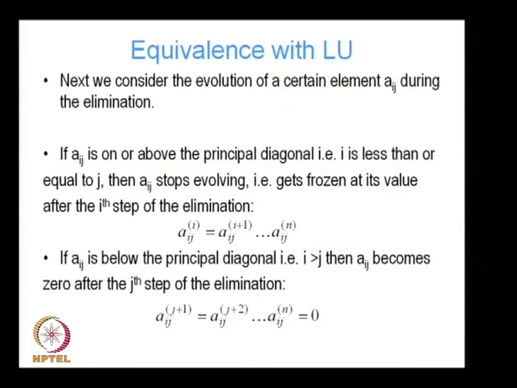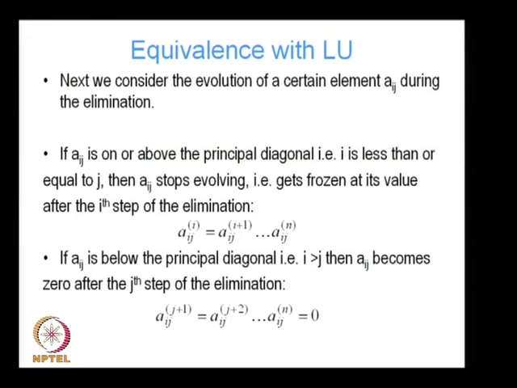If aij is on or above the principal diagonal, that is i is less than or equal to j, that is the column index is always higher than the row index, in that case aij stops evolving, that is it gets frozen at its value after the ith step of the elimination, because after the ith step that element has reached its final value, it does not change any further.